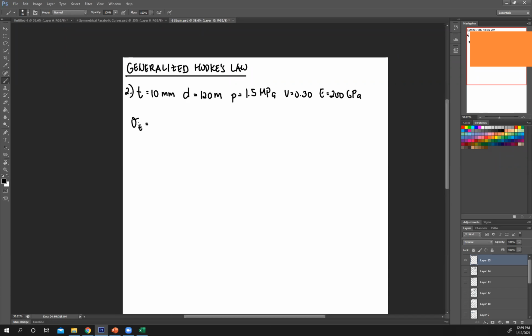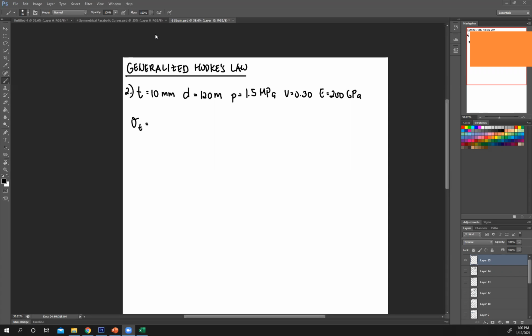Does anyone remember what's the equation for transverse stress in a thin-walled cylinder? Tingnan yung notes nyo.